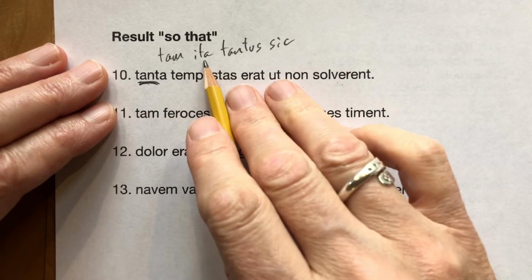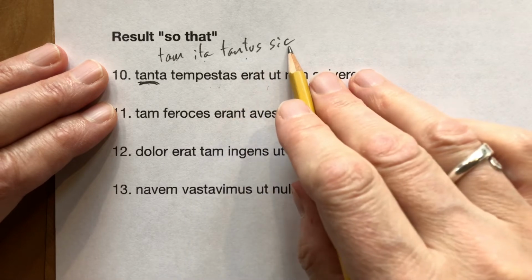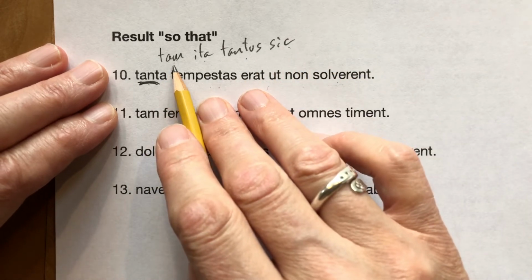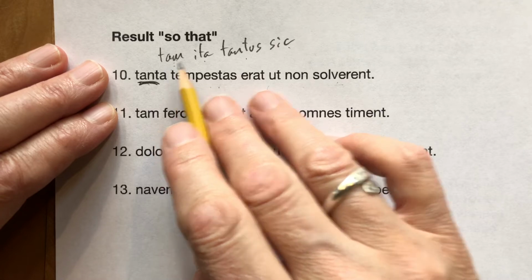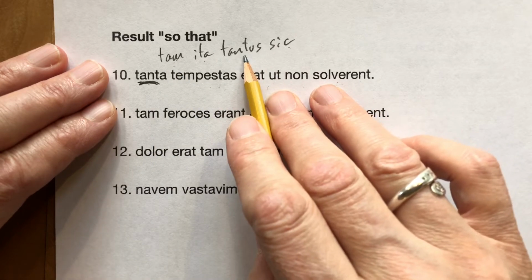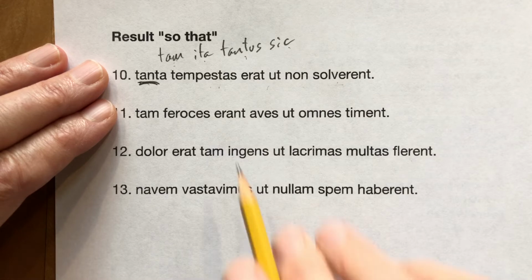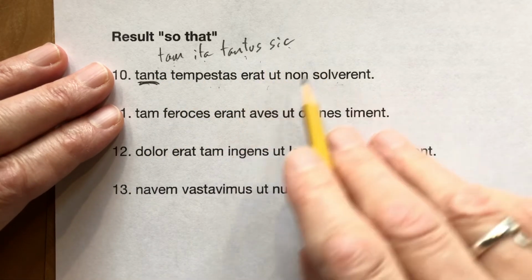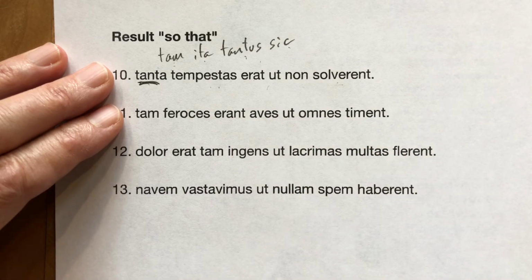Tam, adverb, ita, adverb, tantus, adjective, sic, adverb. And they basically all mean so. Tantus really means so big, and it expresses some degree of something in the main verb that leads to the result.